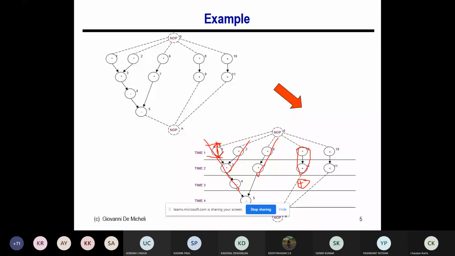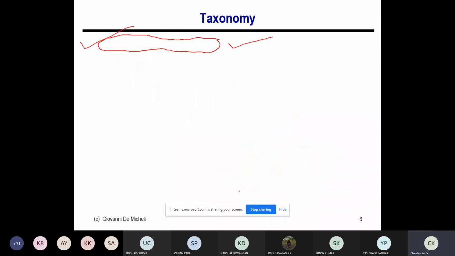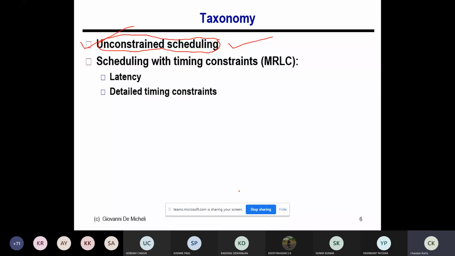Running in a fast clock or a slower clock, that is my decision. So effectively, it's basically the latency. That's why we mainly concern ourselves with this latency versus the area.